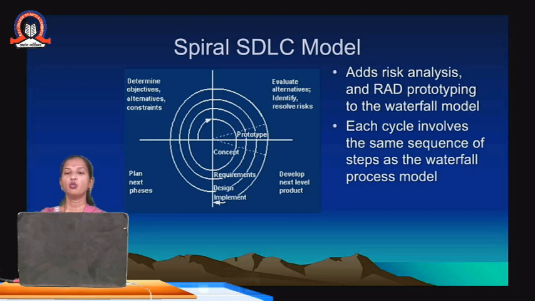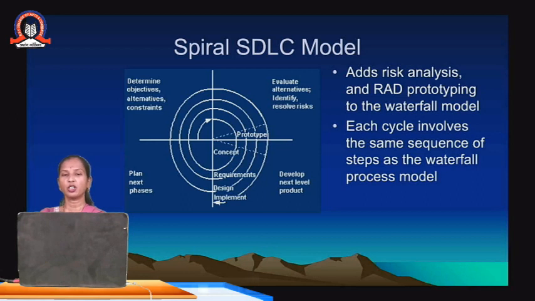Each cycle involves the same sequence of steps as the waterfall model: determining the objectives and alternatives and finding out the constraints, and then planning the next phases, finding out the requirements, creating a design, and ultimately implementing the code.